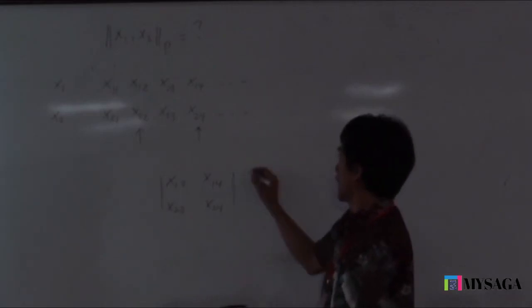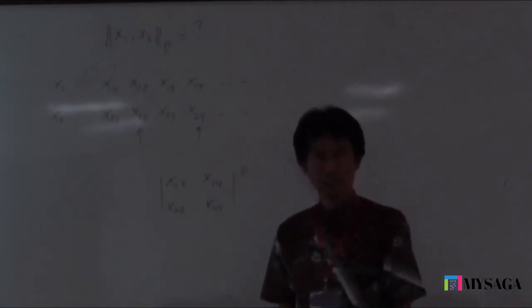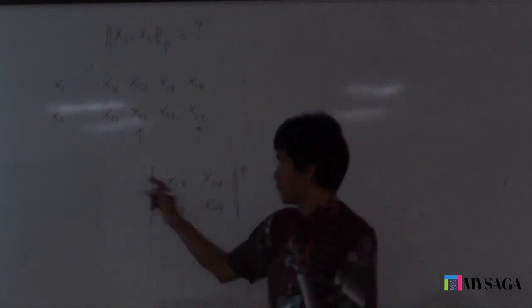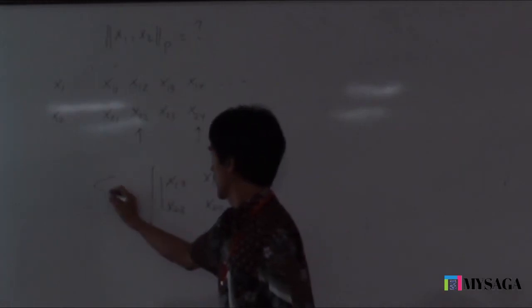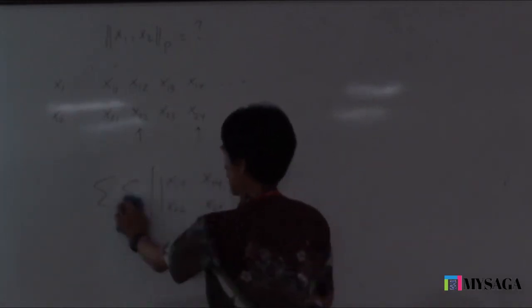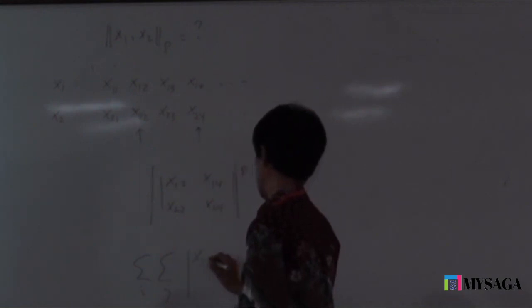I get one area, and then I raise it to the power of p. Okay, I have to take the absolute value. And I get many of these, so that's why I get this. And then I replace this by, if there are 2, then I can just say x1j, sorry, maybe j and k.